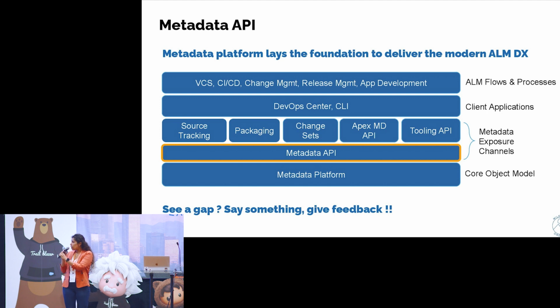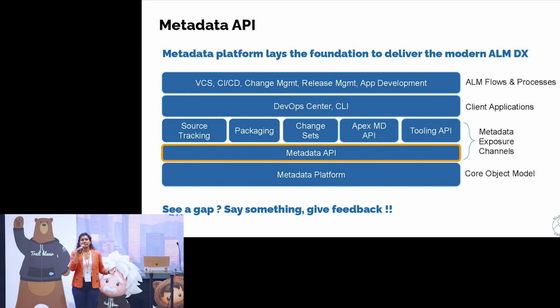Within this platform, we also provide mechanisms for internal teams to expose their entities and their features in the API as metadata types. These are the metadata types that you interact with and use to customize your applications.